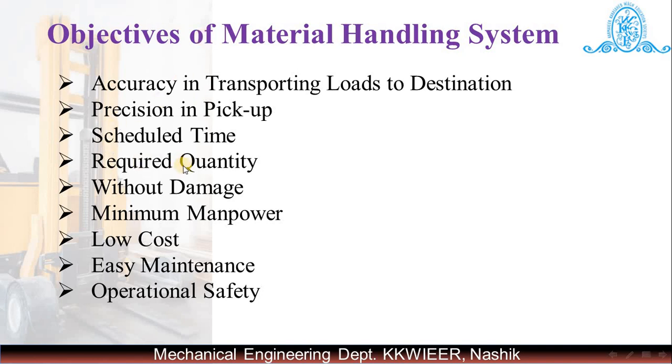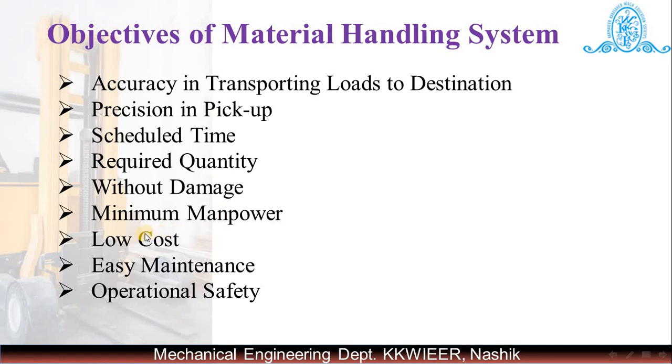The required quantity and rate matter. Then the manufactured product is to be transported without damage, and with minimum manpower. When we follow automation, minimum manpower can be used.